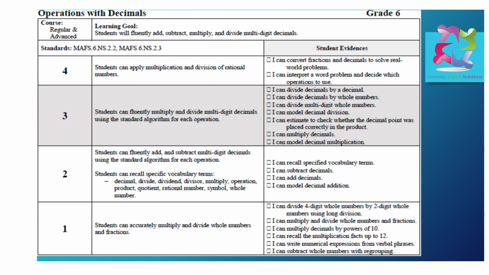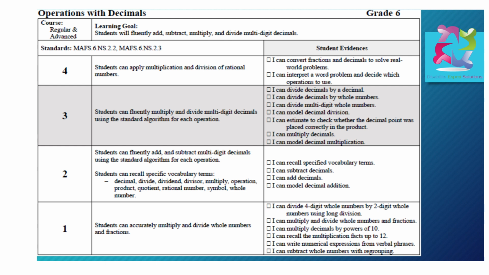A student at a level 1 can accurately multiply and divide whole numbers and fractions. Let's go back to the learning goal. The learning goal says students will fluently add, subtract, multiply, and divide multi-digit decimals. Well, level 1 student is still not there.